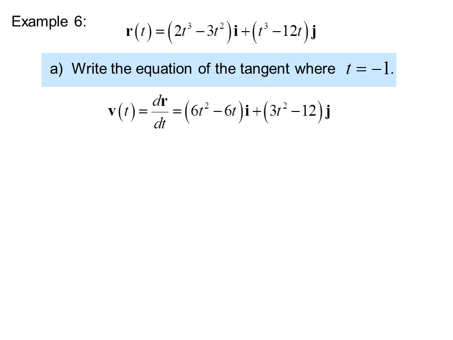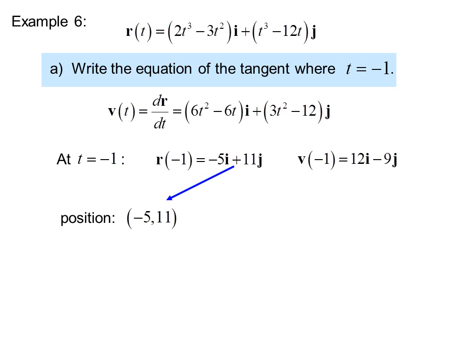Now, to write the equation of the tangent line, we need a point and the slope. At t equals -1, r of -1 equals -5i plus 11j. V of -1 equals 12i minus 9j.